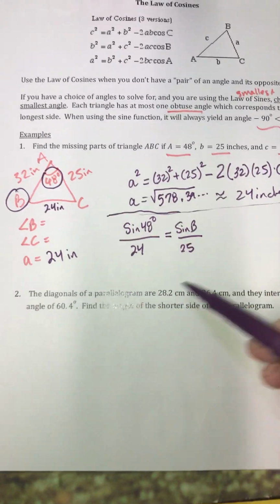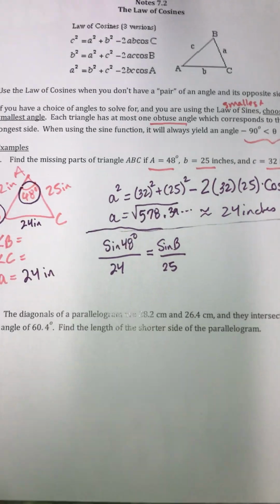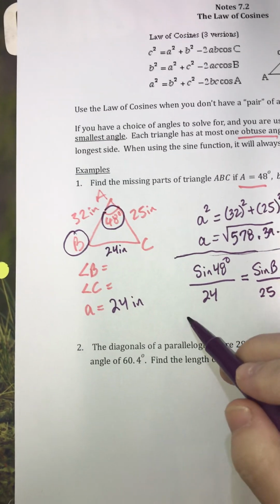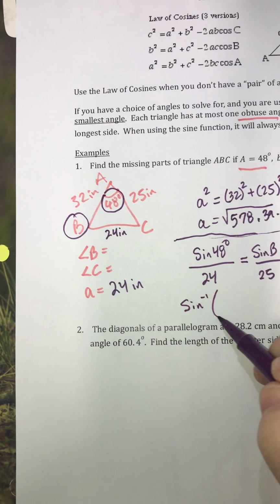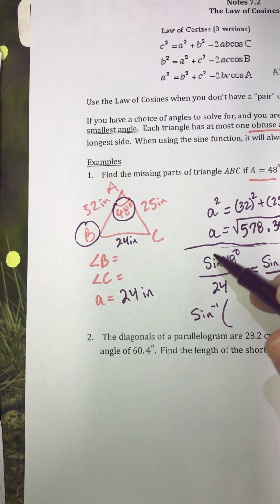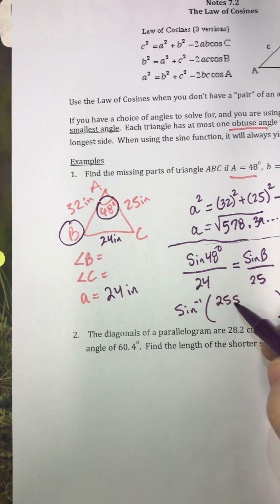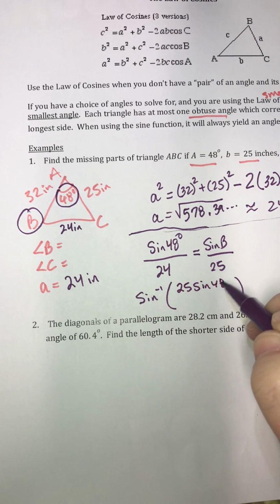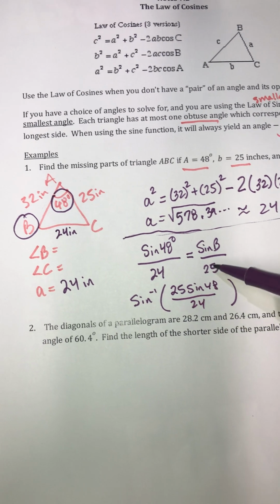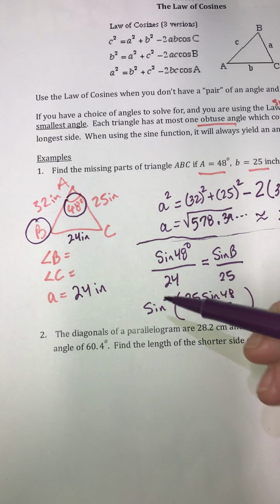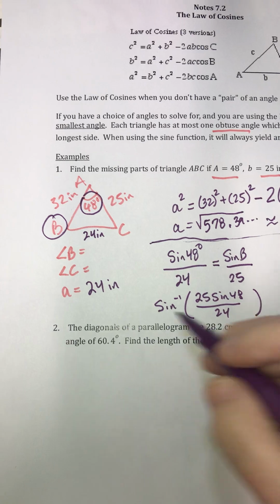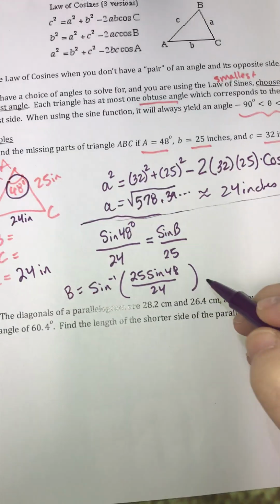As you can see, these should be very similar or close to the same value. All right, we are going to take sine inverse of, so I multiply by 25, sine of 48 divided by 24. So again, you can cross multiply, divide by 24, and then do the sine inverse. That will give me angle B.